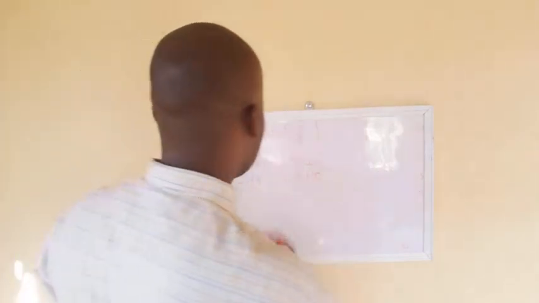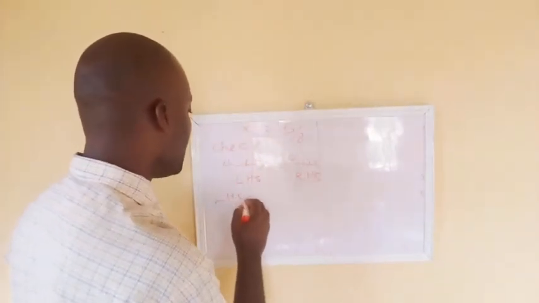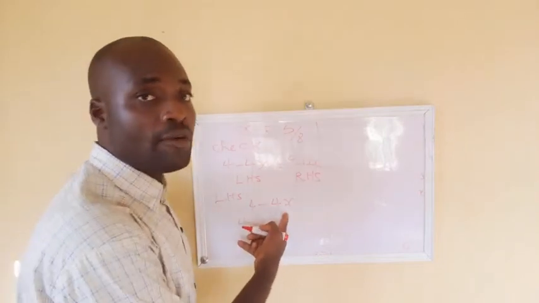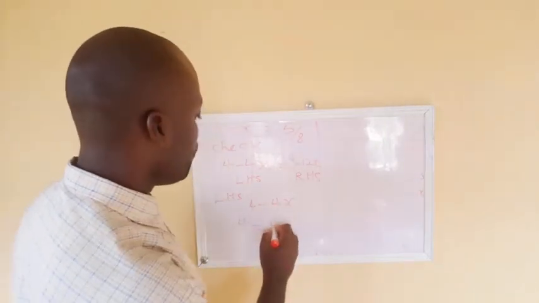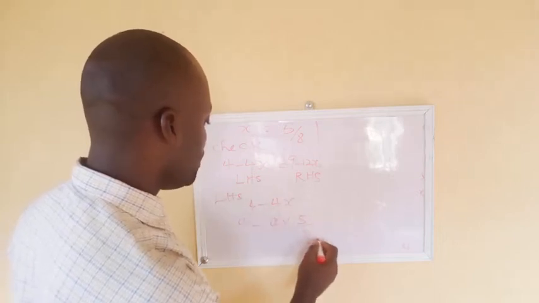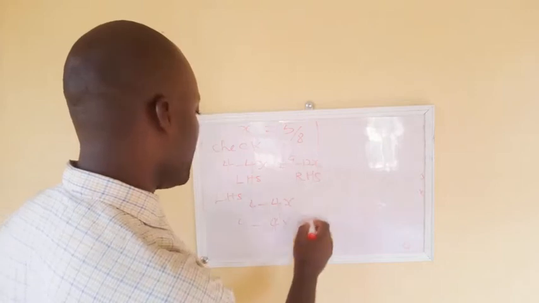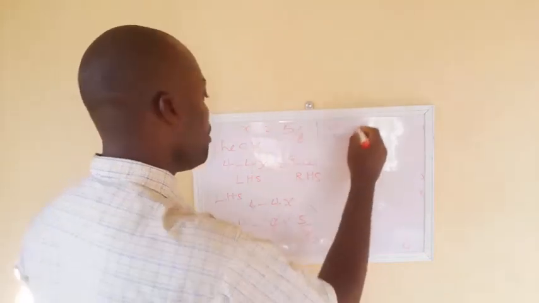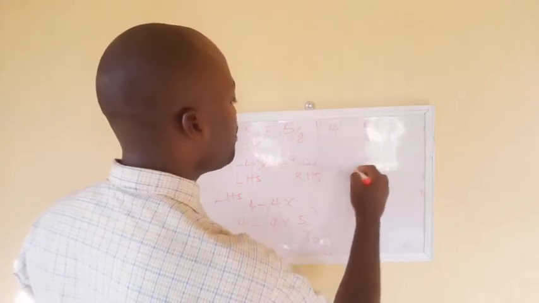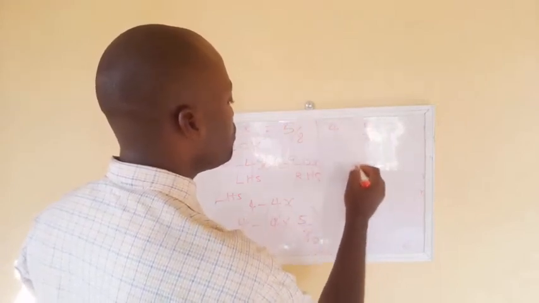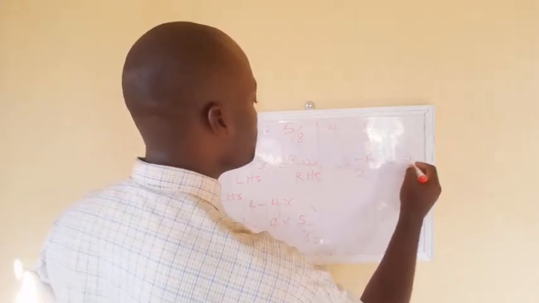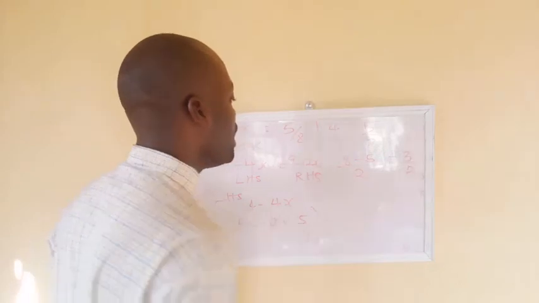For the left hand side, we have 4 minus 4x, which means 4 multiplied by x. So 4 multiplied by 5 over 8. 4 here, 1, 4 here will give us 2. So you can close it in a bracket. So we have 4 minus 1 times 5, 5 over 2. Look for the LCM. This will be 2 divided by 1, 2 times 4, 8 minus 5. And this will give us 3 over 2.